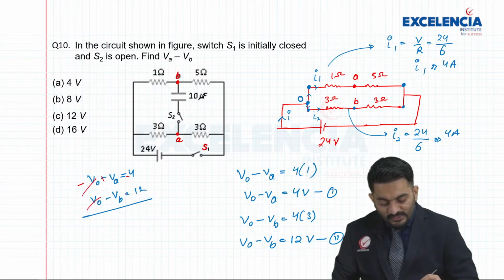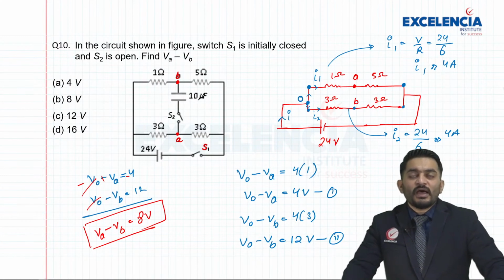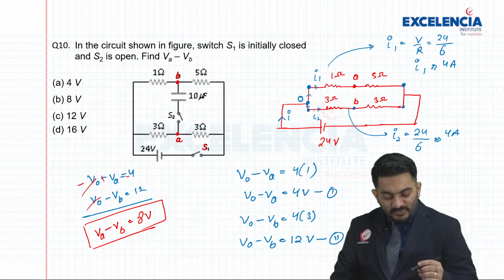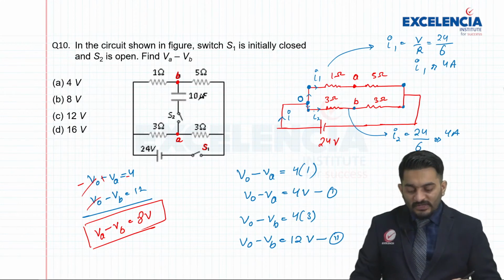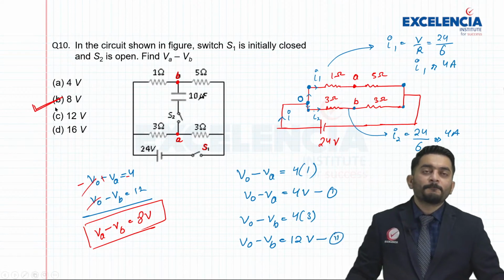I think this will get cancelled. You get VA minus VB equal to 12 minus 4, which is 8 volt. I think this is exactly what the question asked, and you are able to solve it by simply solving the two equations, and your correct answer is going to be 8 volt.